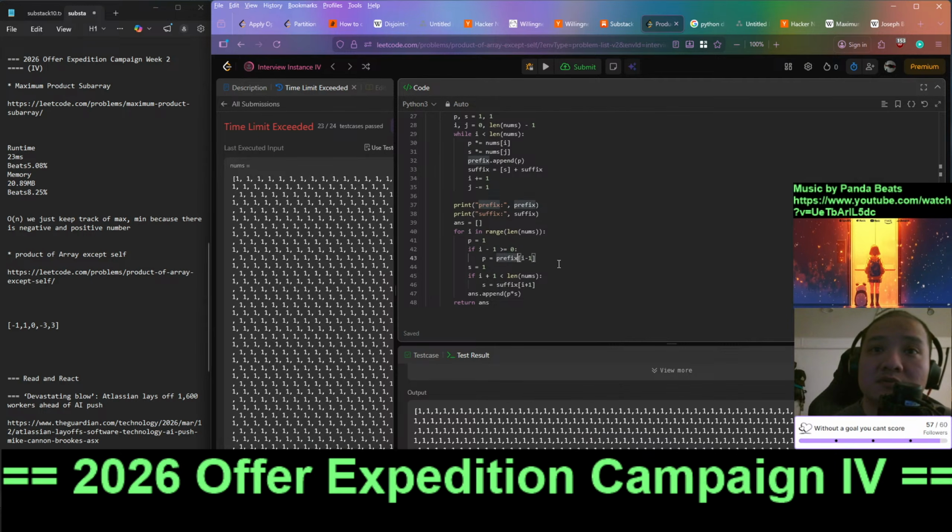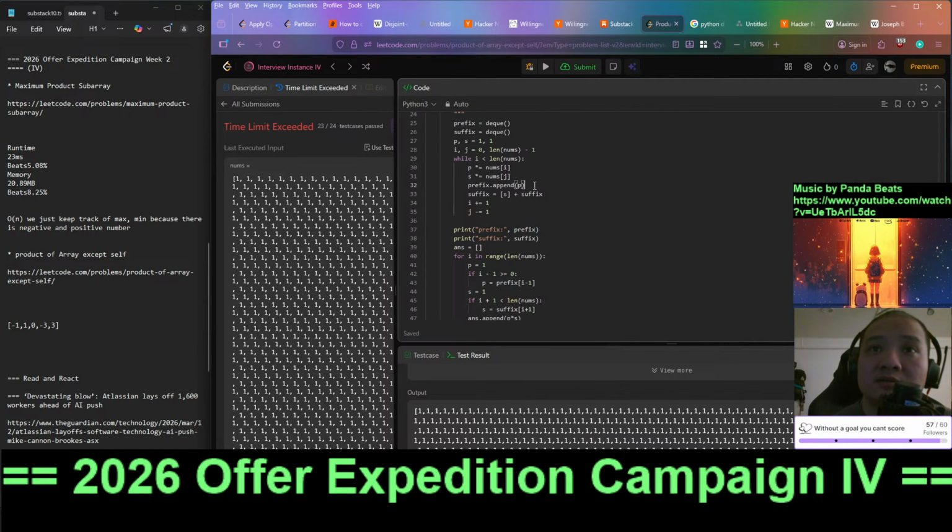The prefix here will be append left, append left.